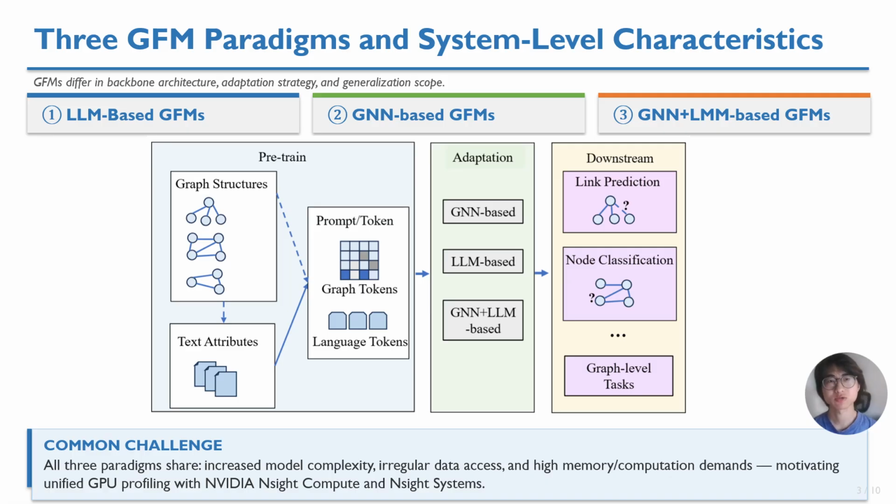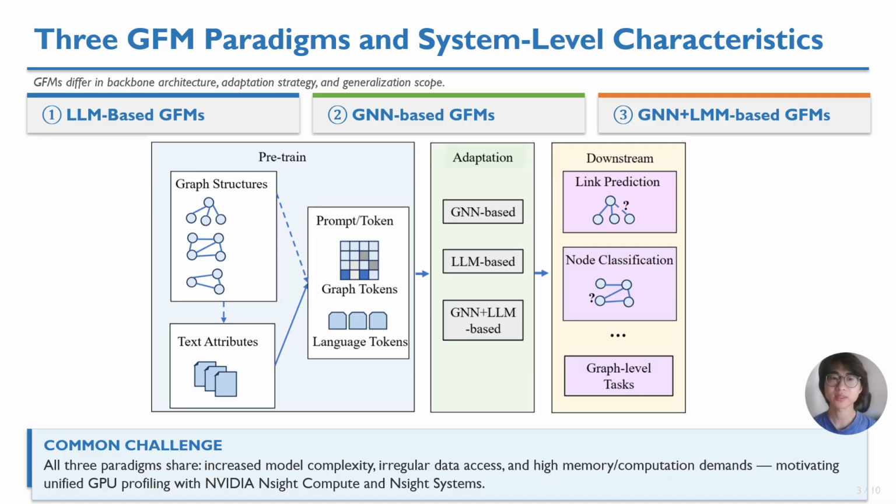There are three graph foundation model paradigms we studied. First is the LLM-based GFMs, represented by GraphLLM, which uses DBERT as its backbone. The second one is GNN-based unified modeling, represented by One for All, a general-purpose graph learning framework.